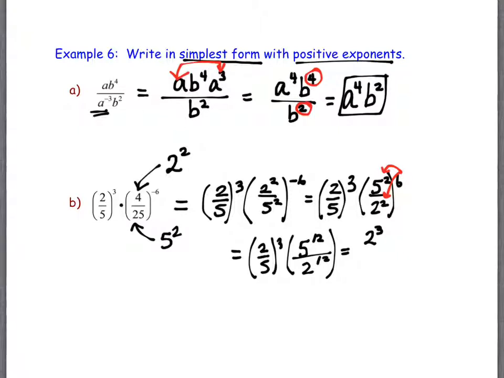And I'm going to put them into the same fraction because it means the same thing, right? I've got 2 fractions multiplied. So I've got 2 to the 3rd and 5 to the 12th on top. I have 5 to the 3rd and 2 to the 12 on the bottom. Can't read my own handwriting. This is one of these ones where the process is actually harder with numbers than it was with letters.